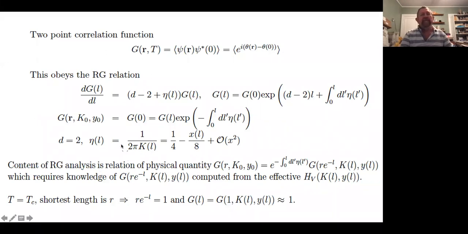But near the critical temperature, or near the fixed point, remember, we know what pi k of L is. And 1 over 2 pi k of L is approximately a quarter minus x of L over 8, plus higher order terms, where x, remember, is the deviation of pi k from 2.